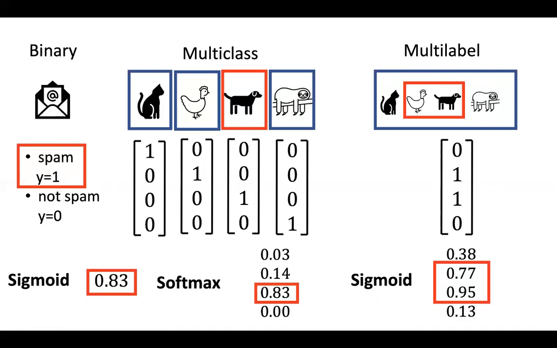So if we have a high probability, 0.8, we can mark our data point as the positive class and say, for example, that this is spam.